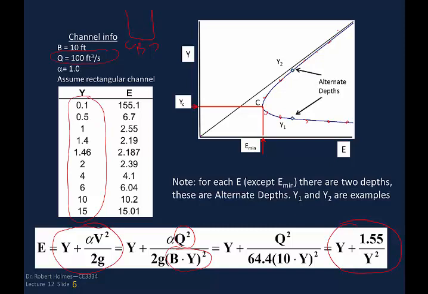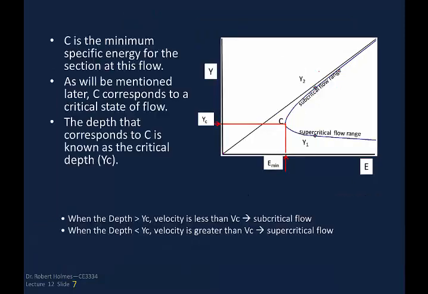A couple things to point out: for every point, or every specific energy, on this curve except for the minimum value here, there are two different values of depth that are potentially there for this specific energy. They're called alternate depths.